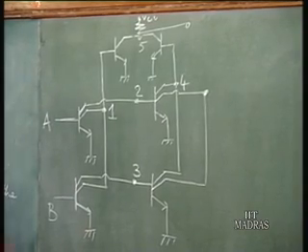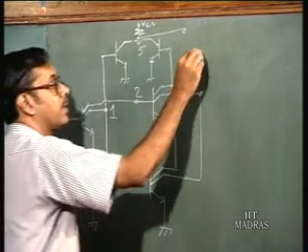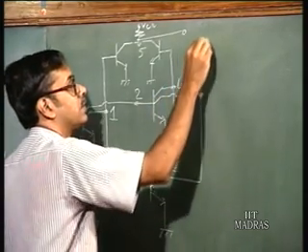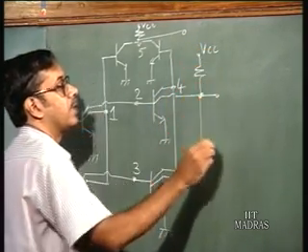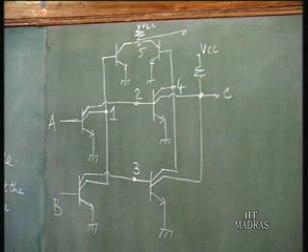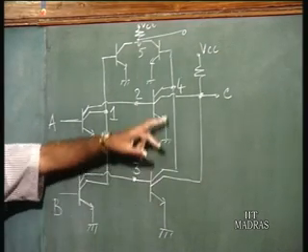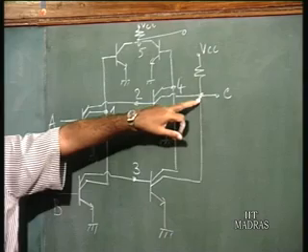Now, what is the logic here? It is the same as 4, but here you can connect resistance to VCC. So, this is going to give you the carry output A. If this transistor goes to saturation, this voltage is going to go low.